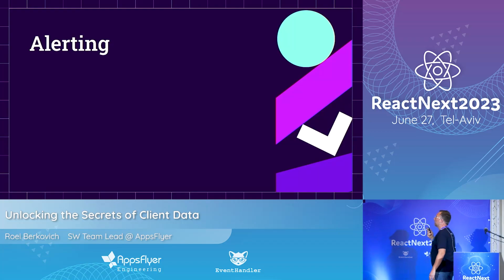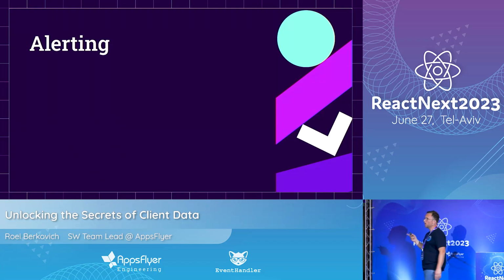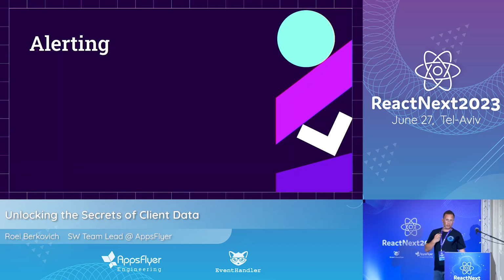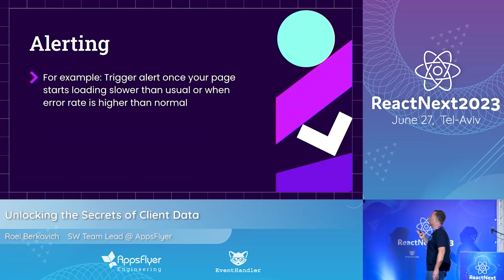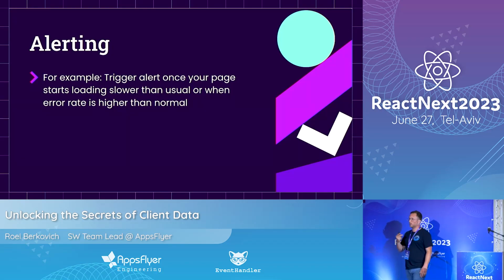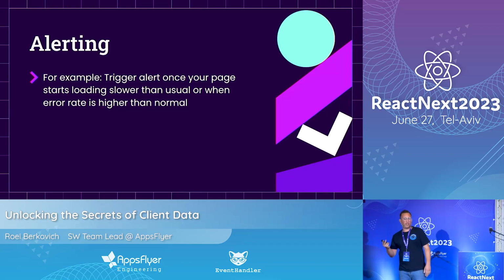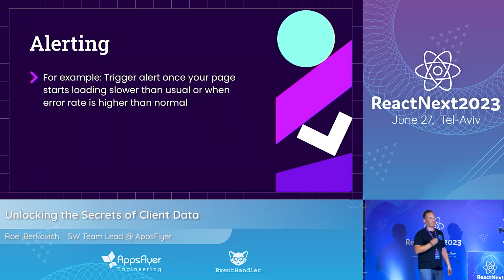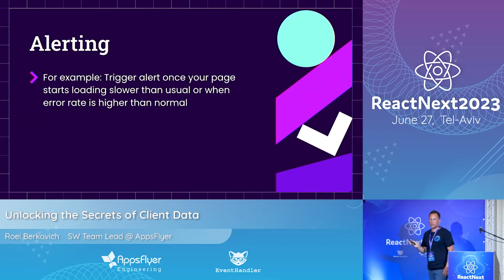And Datadog allows us to do it. We can send alerts based on the things we care about. For example, we can trigger an alert once our page starts to load slower than usual, or when the error rate is higher than normal. You can decide. You have the power to send alerts based on your dashboard.